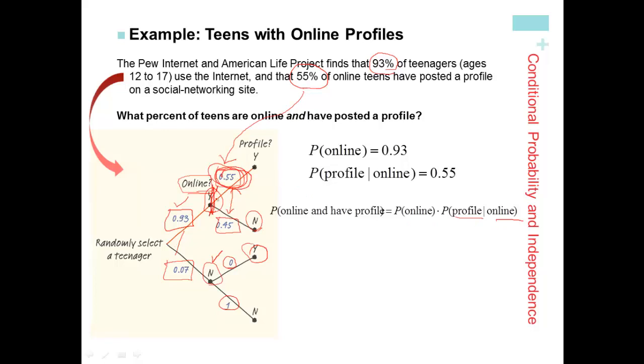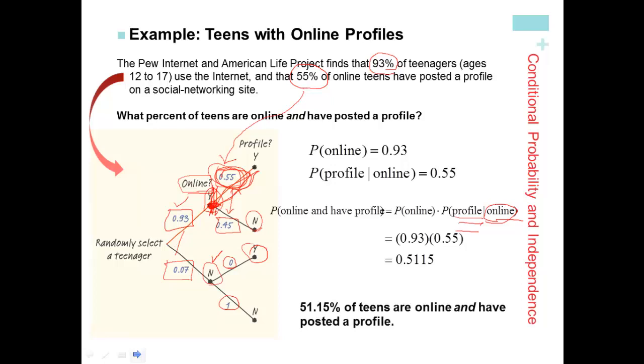Since I'm already at this point, given I'm online, I'm starting at this position first, and then knowing that I have a profile would mean I'm along this branch. So it's just a matter of multiplying the 0.93 times the 0.55, which ends up being 0.5115, which suggests that 51.15% of teens are online and have a posted profile.